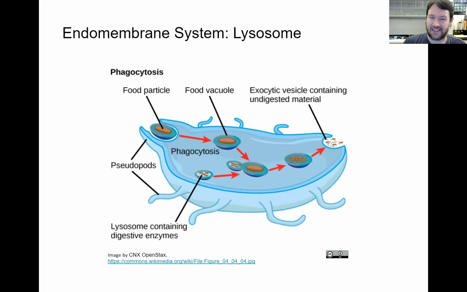So lysosomes are kind of like the recycling center, where the big things that make up cells, or maybe big things that are other cells that a cell feeds on, get broken down into usable parts, and then waste can be excreted. Okay, all right, so there's our endomembrane system.